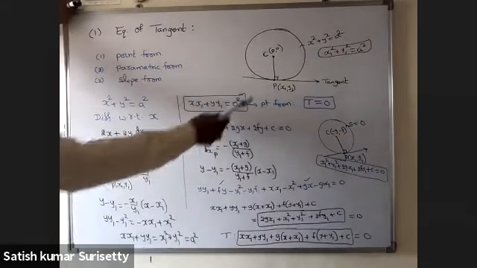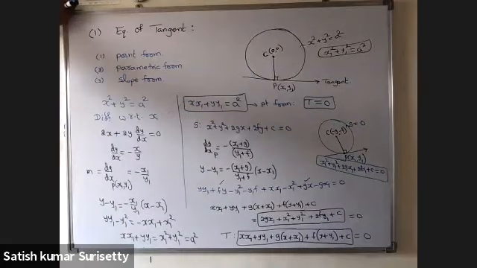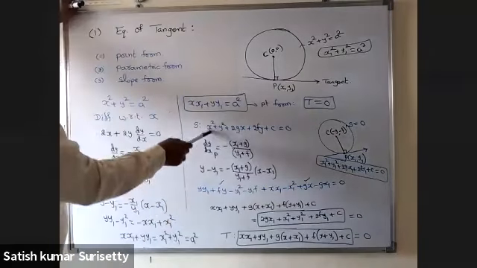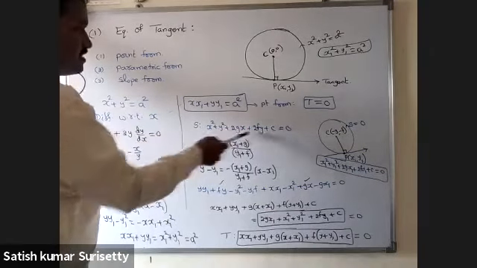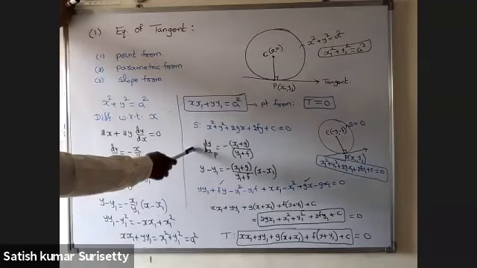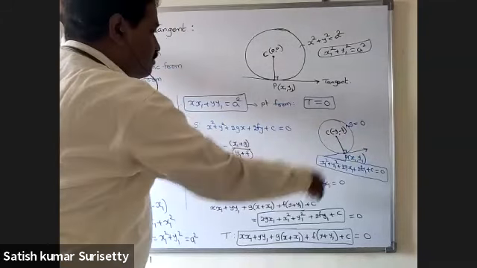So instead of taking the circle with the center at origin, if I take the general form of the circle S equal to 0, x square plus y square plus 2gx plus 2fy plus c equal to 0, here also you can derive in the same manner, either using calculus or without using calculus, using the slope of CP and then the perpendicular line.